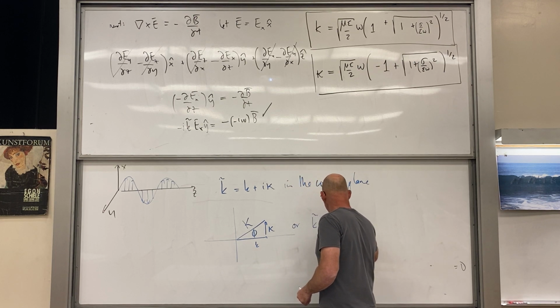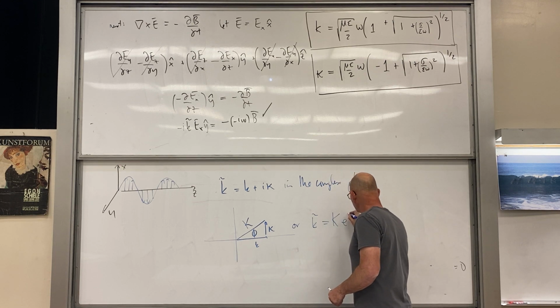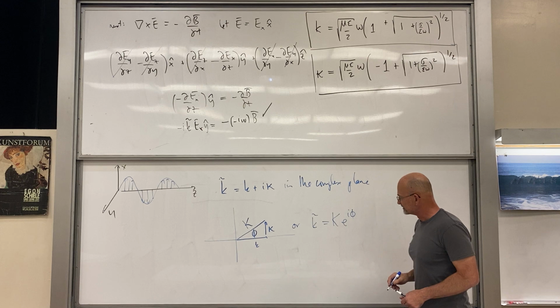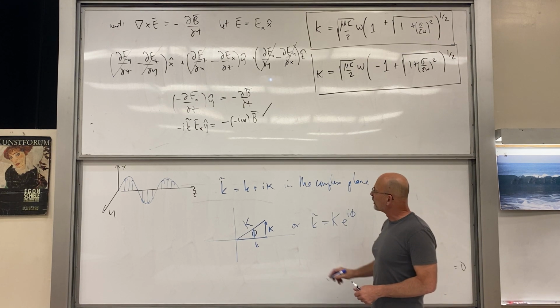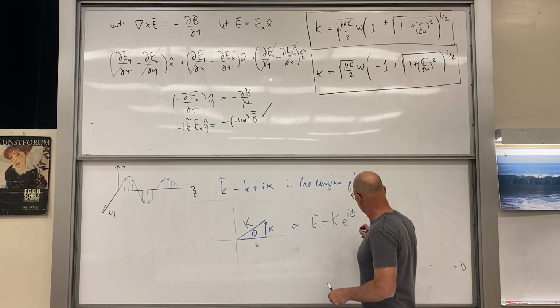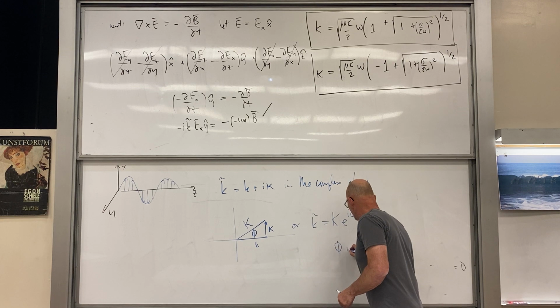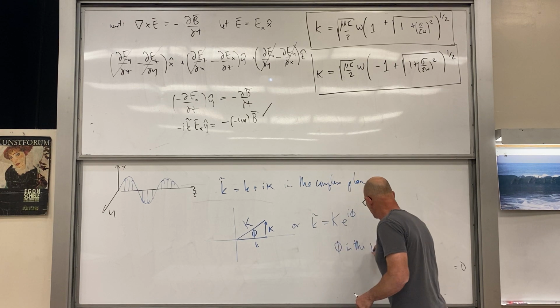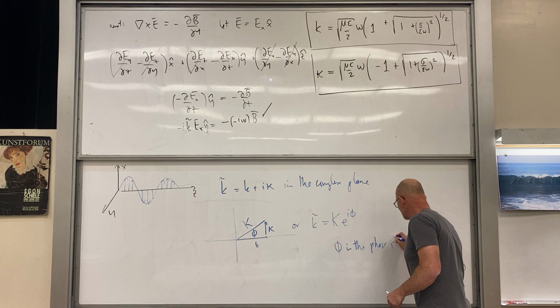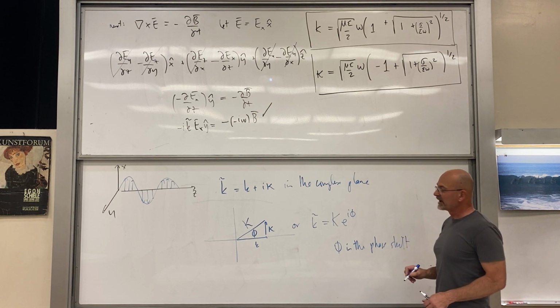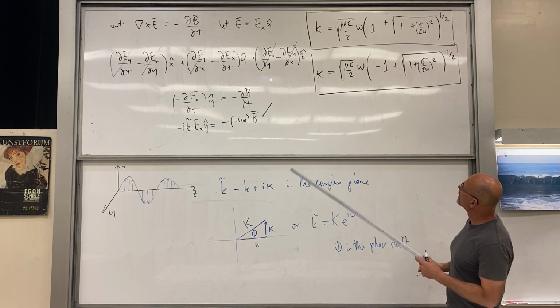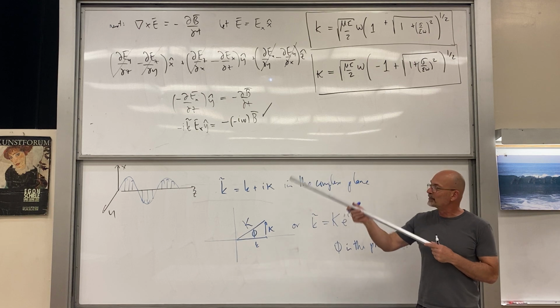Or k tilde is equal to K e to the i phi. And therefore we're going to add a phase shift between the E field and the B field.